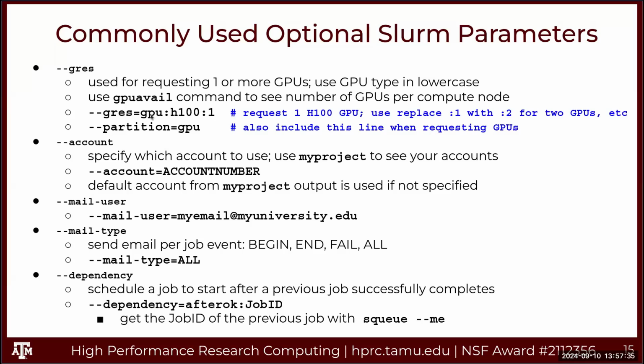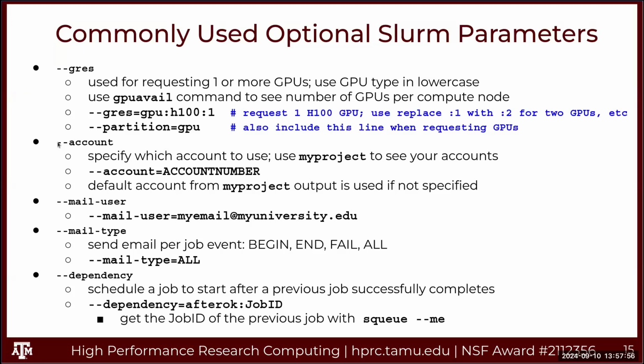And then if you do want to use a GPU, you have to specify partition GPU, because we have GPUs in more than one partition, so you need to specify the GPU or GPU_debug partition. And those partitions are different, and we'll go over that in a little bit.